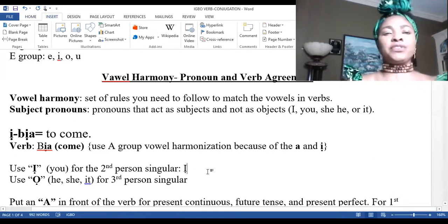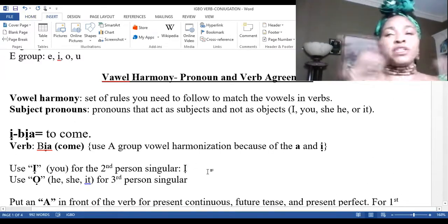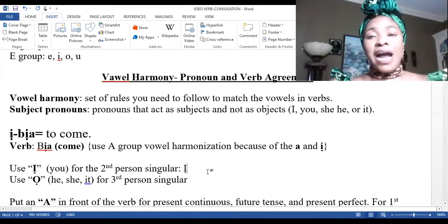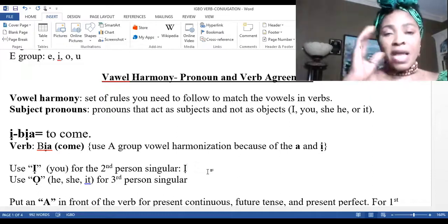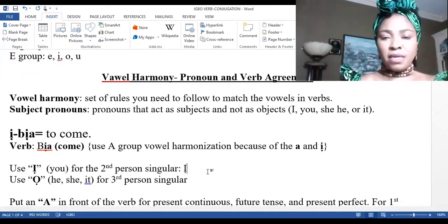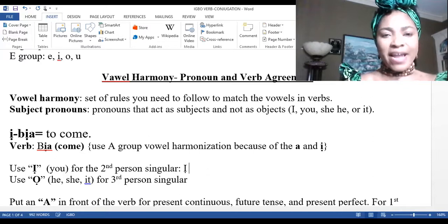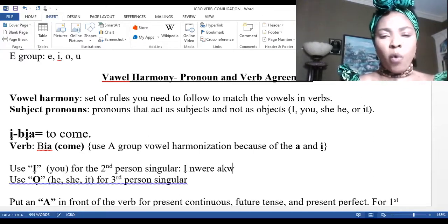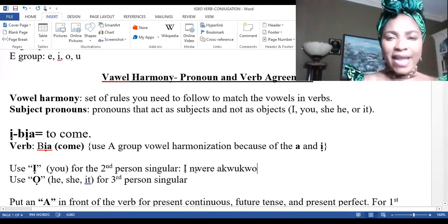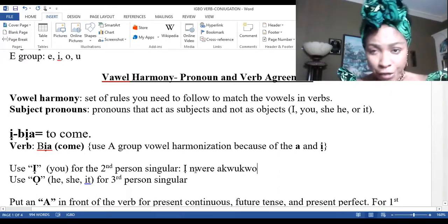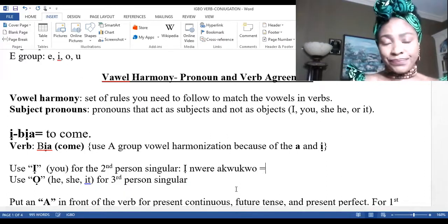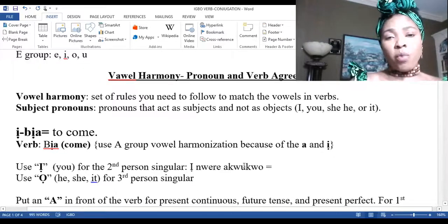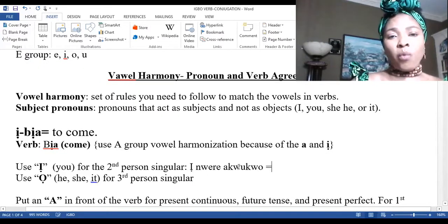So now if I want to say, Dozier, you have a book, this is how I'm going to say it. I nwere akwụkwọ. But the akwụkwọ, we have to punctuate akwụkwọ.